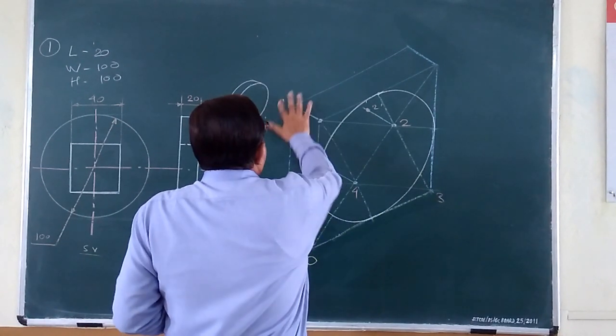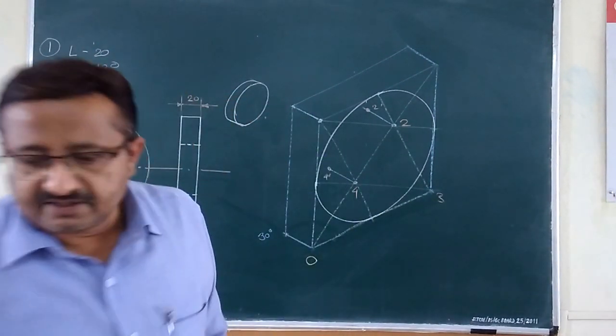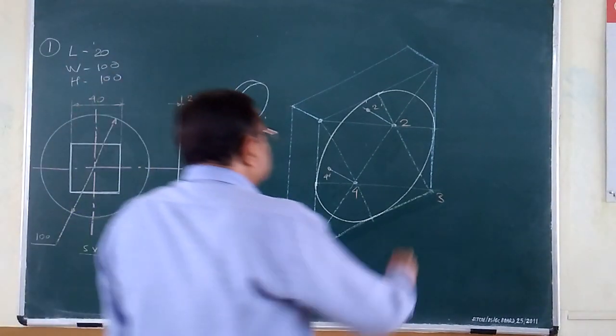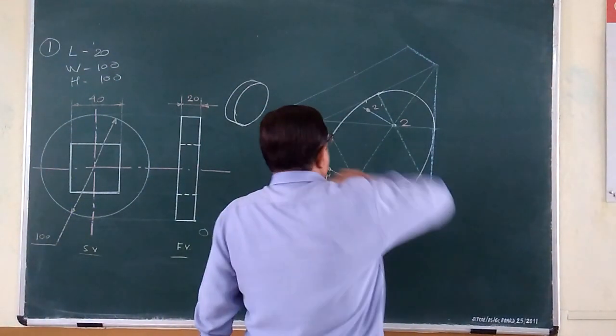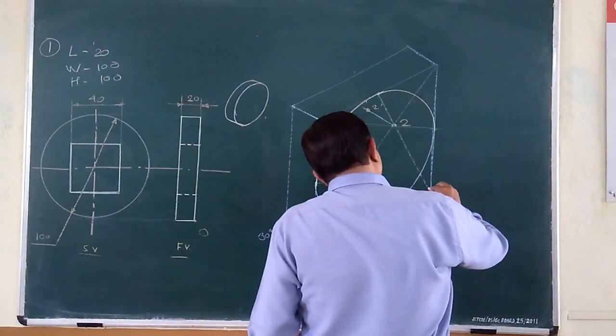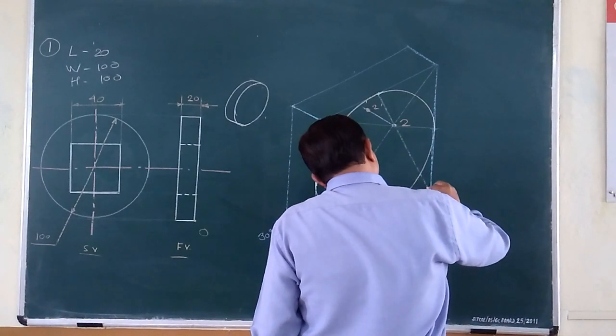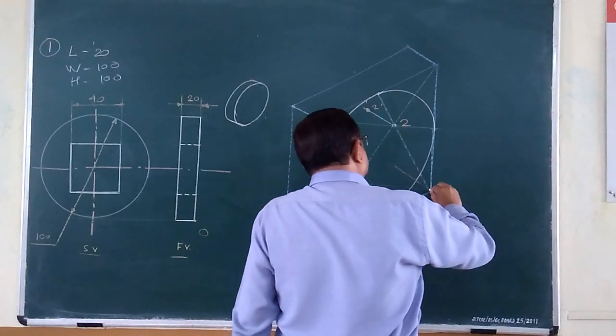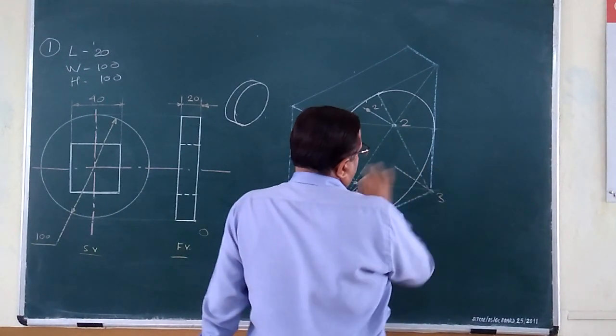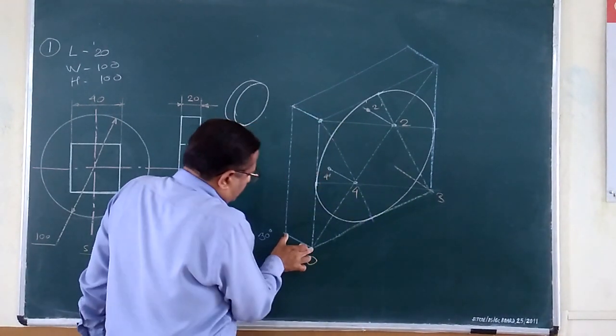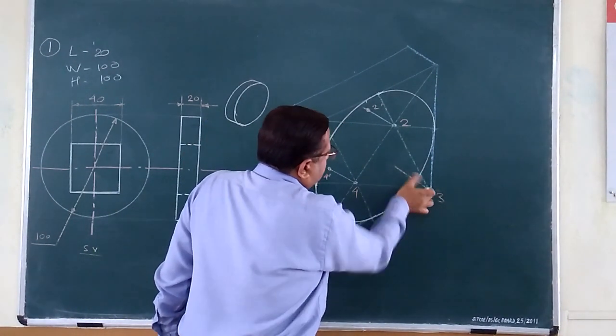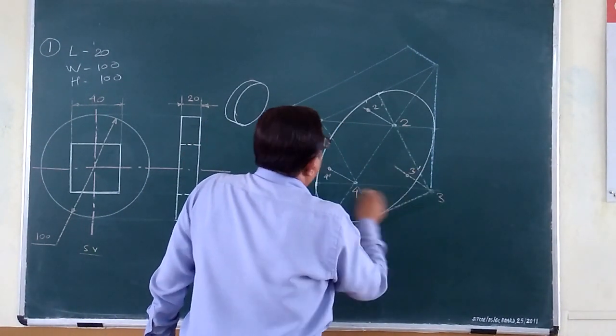Okay. Center number 1 is not required. Center number 3 is to be projected, because on that side you have to construct that ellipse. So don't project 1. Instead of that, you have to project 2. Yes, pick here and place it here. So 3 lines.